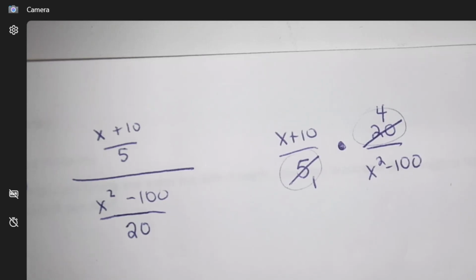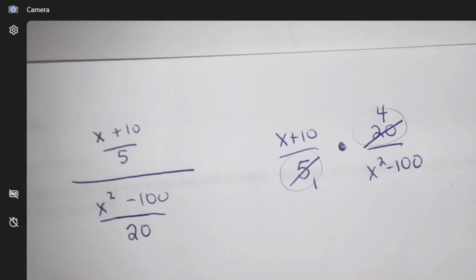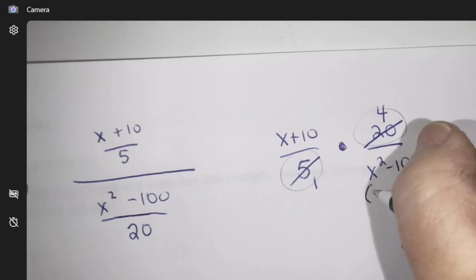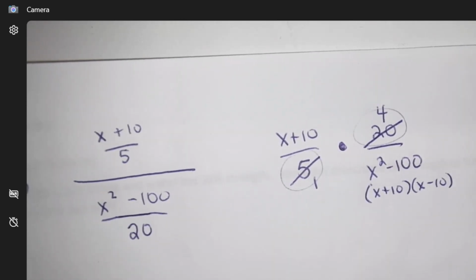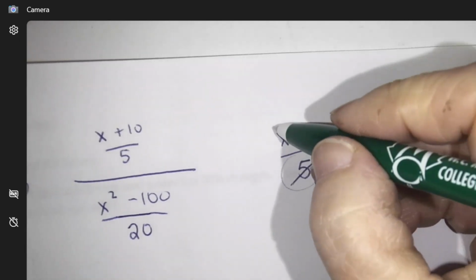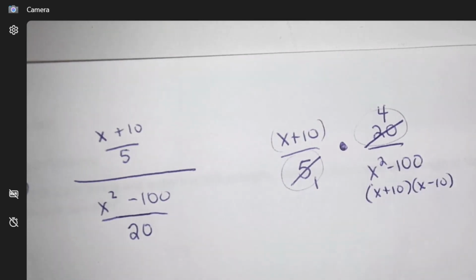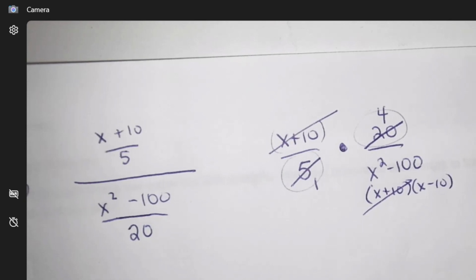That's considered an adder. So what I'm going to do is do a difference of squares on that. Then I can cross off the number x plus 10 with the number x plus 10. Okay? Otherwise, I couldn't do that before.